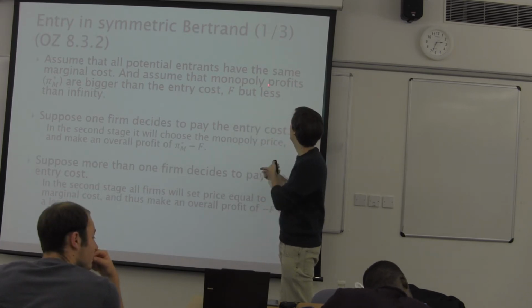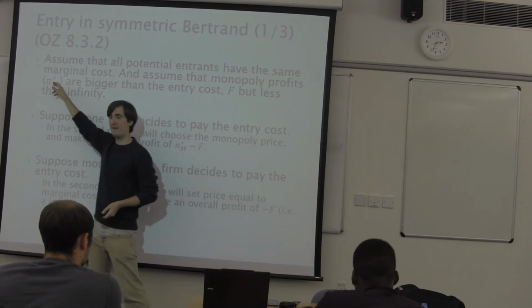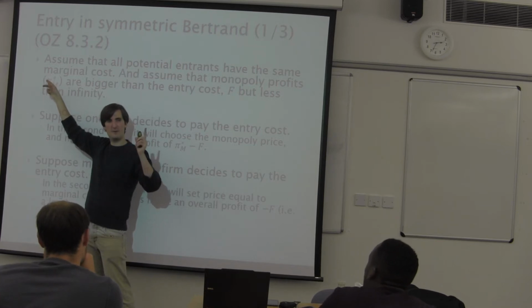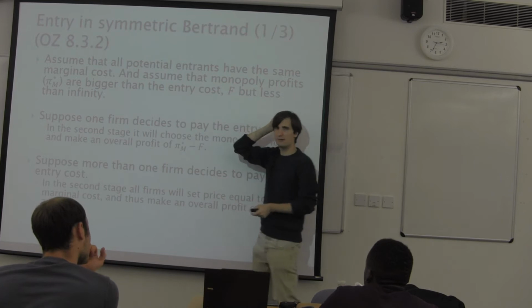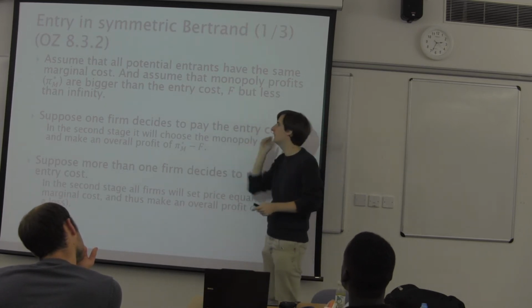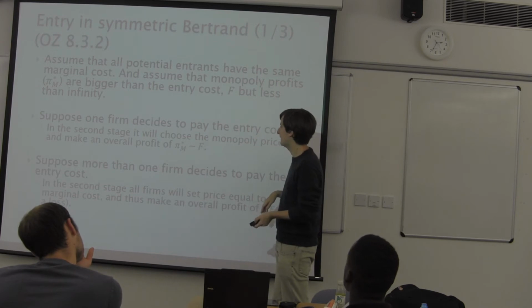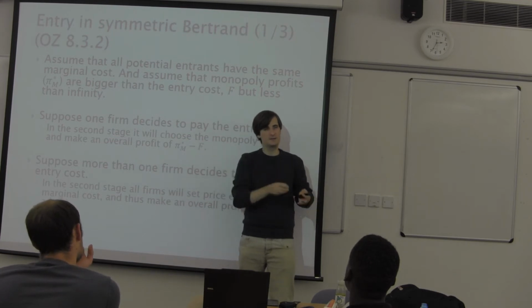And we assume that the monopoly profits, π^M star, the profits a firm would get if there was only one firm in the industry, are bigger than the fixed cost. So if only one firm entered the industry, at least that firm would make some profits. To solve this game, like I said, we start at the end and work backwards.